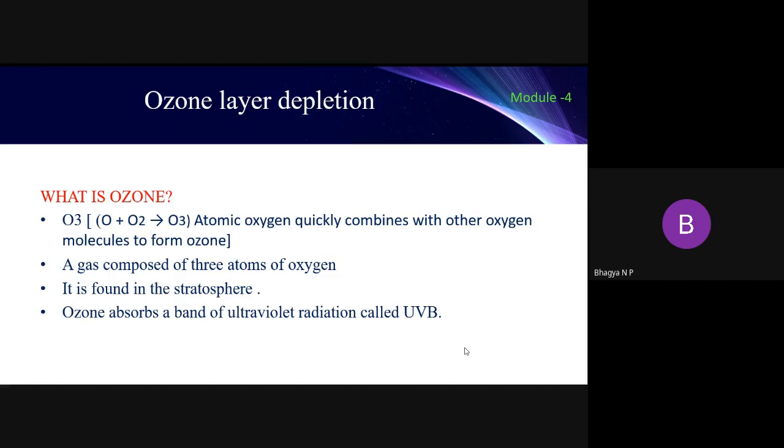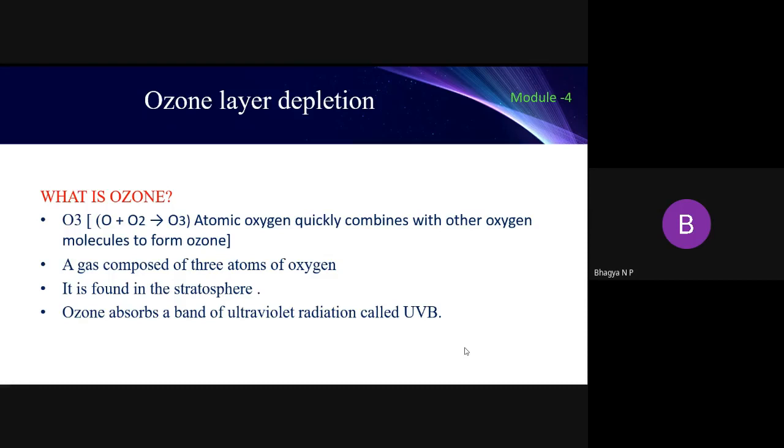We are all living in the troposphere. In the same way, ozone is also present in the stratosphere. Then what is the formula of ozone? Ozone means O3. O3 means one oxygen atom and one oxygen molecule. When these two combine with each other, it forms O3.